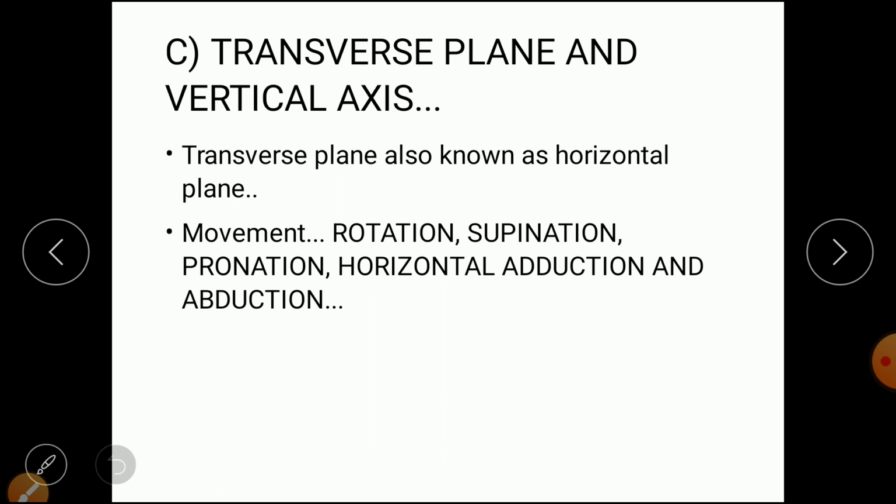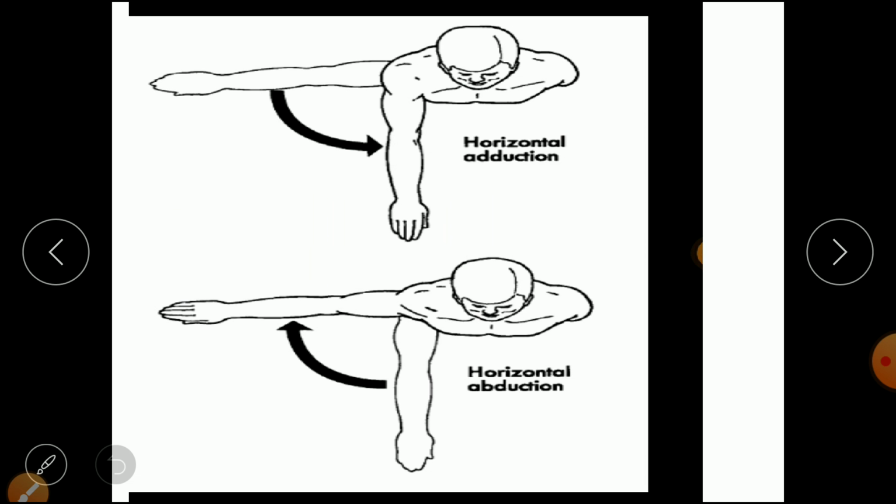Now third is the transverse plane, and its axis is vertical. The transverse plane is also known as the horizontal plane. The movements are rotation, supination, pronation, and horizontal adduction and abduction. So here it is horizontal adduction because the movement is near to the medial side.